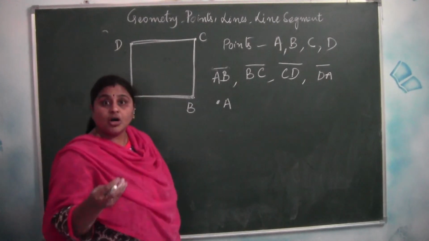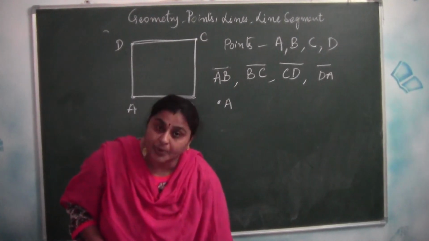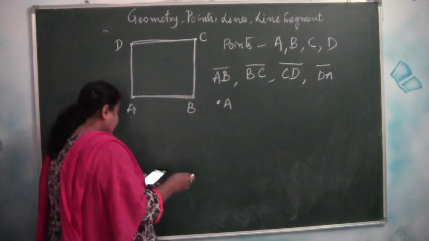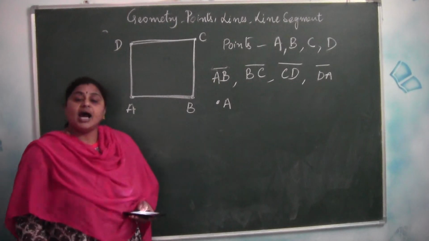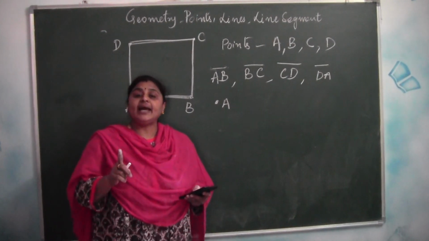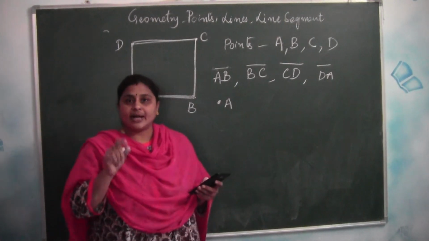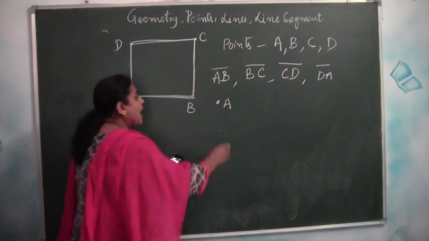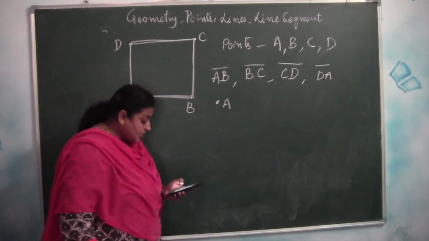Uppercase letters or lowercase letters. This dot has no measurements. Does a point have any length? No. So a point has no measurement. A simple dot represents a point. And how do we read this? Point A. Got it, children?